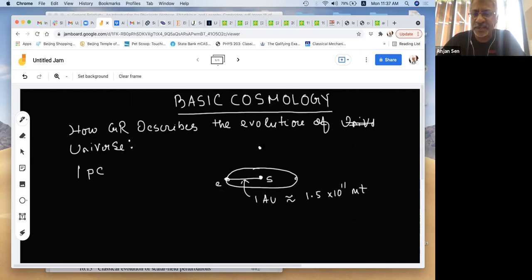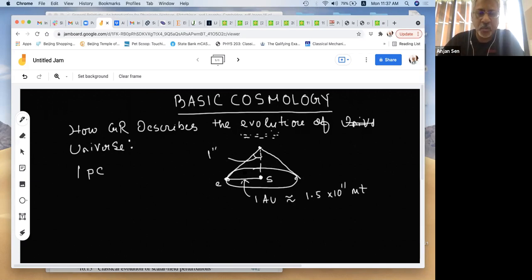And let's say there is a star over here. As the earth goes around the sun in a year, you see the star against the background of other stars, and there is a parallax that you measure. This is roughly around 1 arc second.